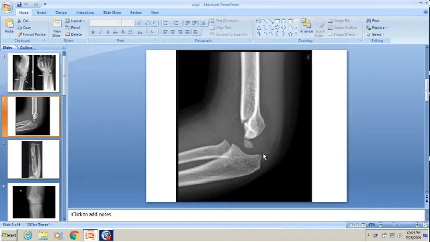It is manifested as gunstock deformity. Yes, it is due to malunion. The bone has not united properly. It has united in a different position or a different angulation. So we get a gunstock deformity.